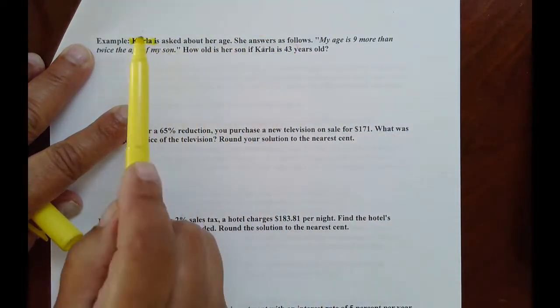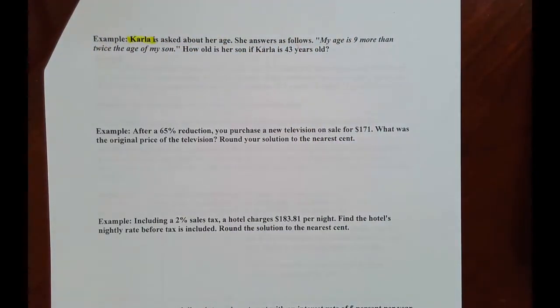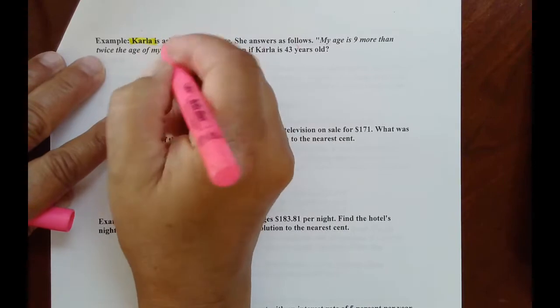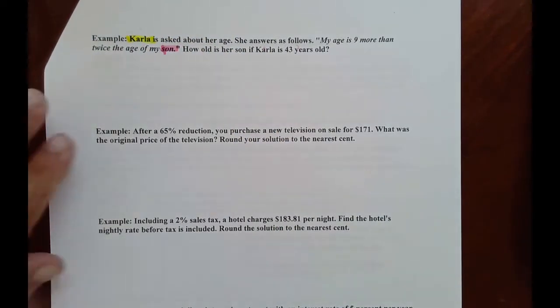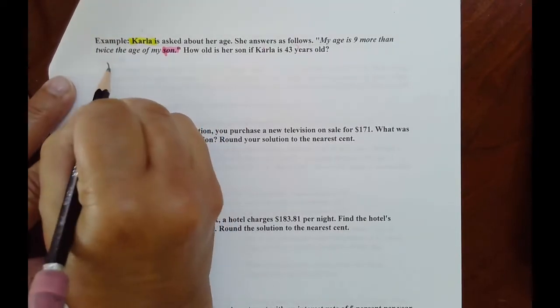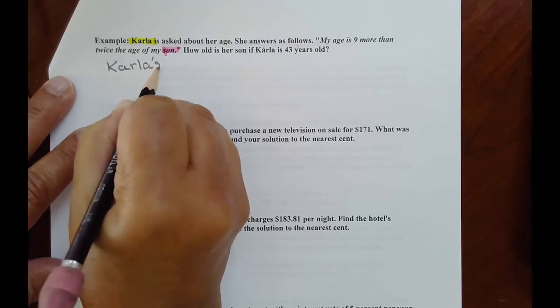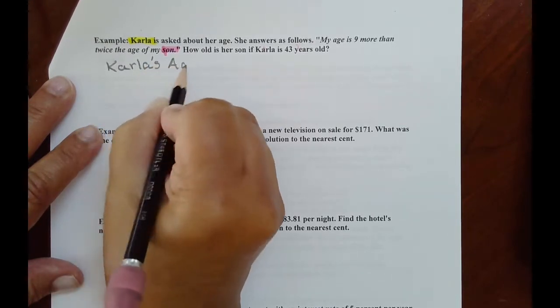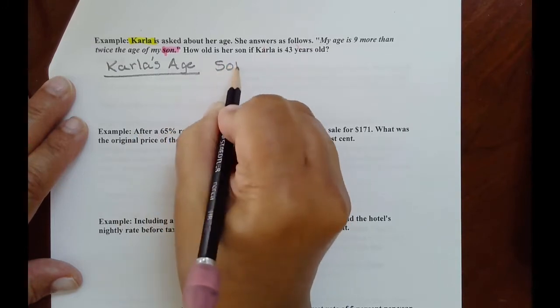We could represent the age of Carla, and we could also represent the age of her son. So these are the two things we want to represent. And I think I'm going to represent them right here. So let's do Carla's age and her son's age.